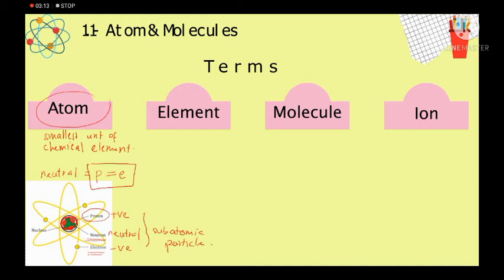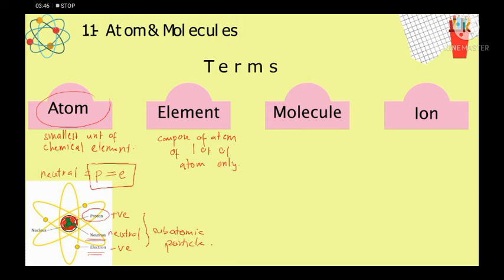Next we go to element. What is element? Element is composed of atoms of one kind only, that cannot be separated into simpler substances.